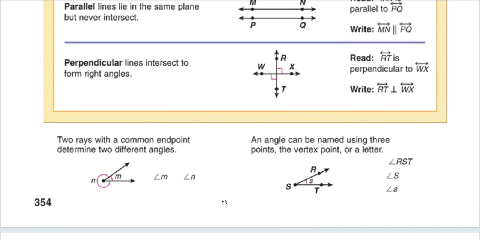Okay, and lastly we can take a look at these 2 examples. Here, 2 rays with a common endpoint determine 2 different angles, which means 2根射线如果它们有共同的也就是所谓它们交点 vertex，它们会形成2对角。Okay, angle M is what we call interior of the angle, and then we have its supplementary angle called angle N, which is an exterior of the angle. 这就是一个内角和外角的这么一个英语的表达。Okay, then to the right hand, we have this example.